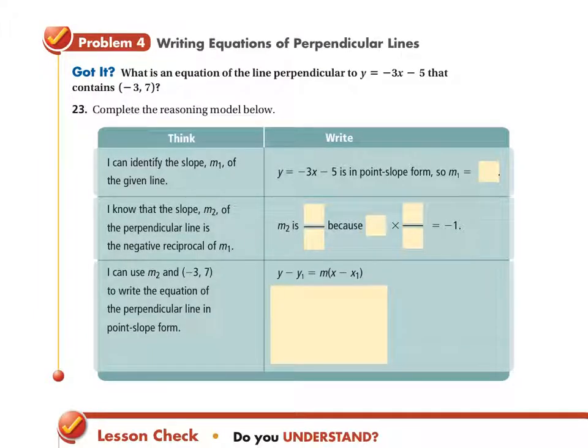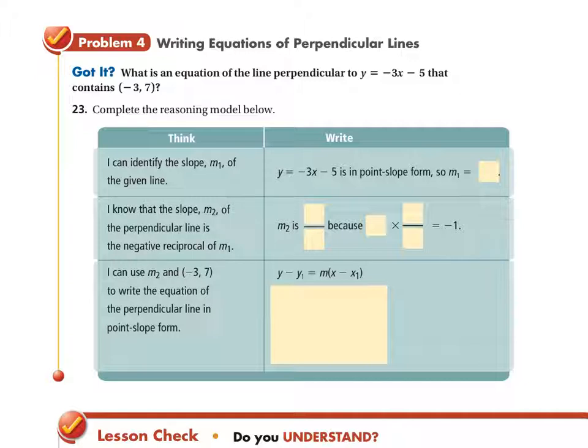And problem 4, write the equations of perpendicular lines. What is an equation of a line perpendicular to y equals negative 3x minus 5 that contains the point (negative 3, 7)? So here's a chart for us to fill in. First of all, we need to identify the slope of the line.